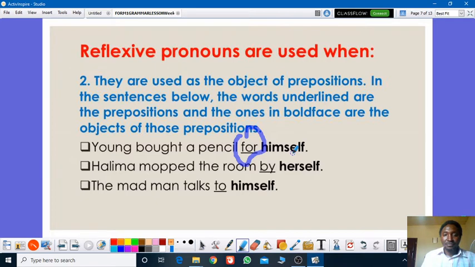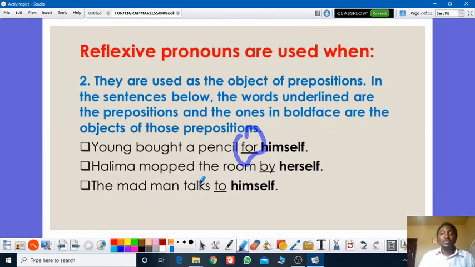Okay, now. Halima mopped the room by herself. The madman talks to himself. So reflexive pronouns can be used when they are used as the object of prepositions.